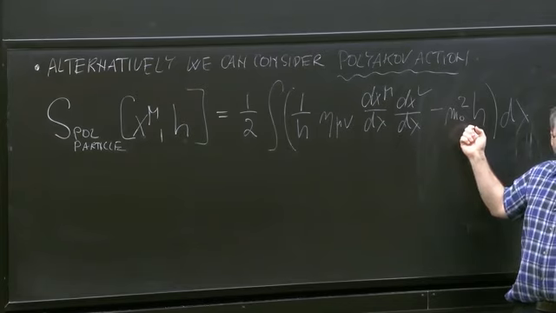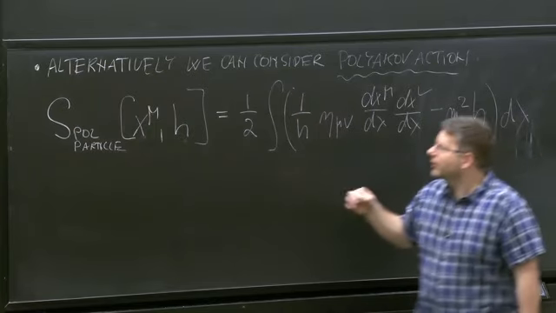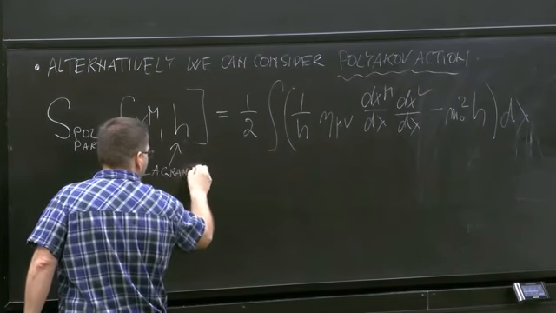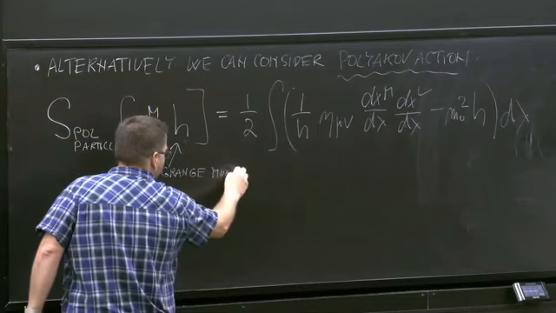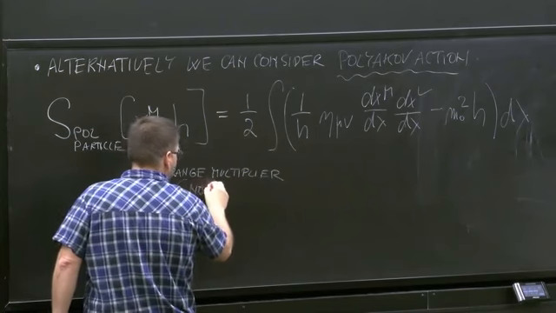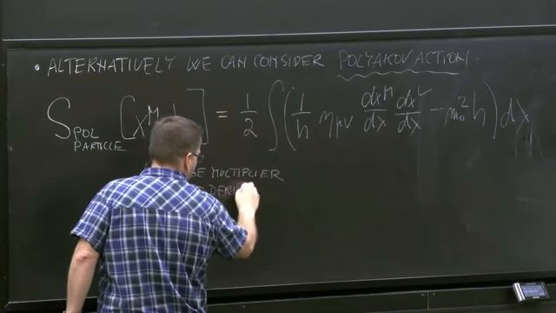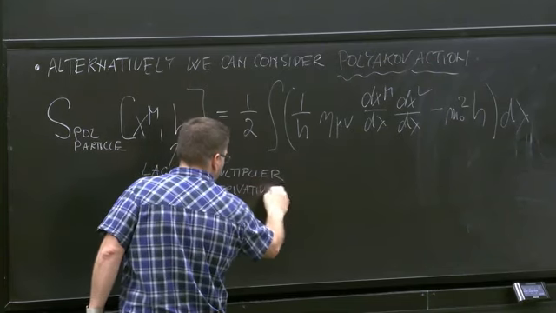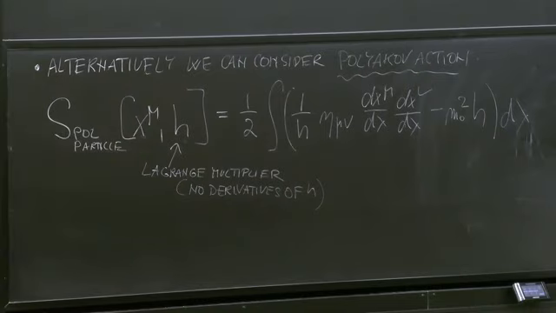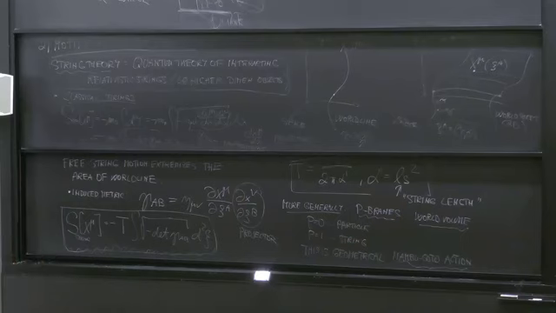Rather, it's something called a Lagrange multiplier. So there are no derivatives of h. Now this is crucial for showing that this action is completely classically equivalent to that one: h is a Lagrange multiplier.